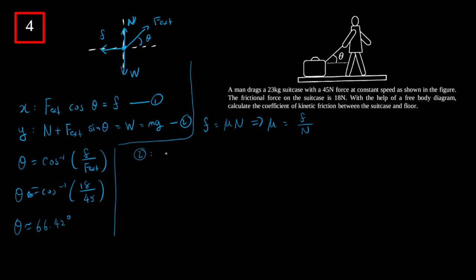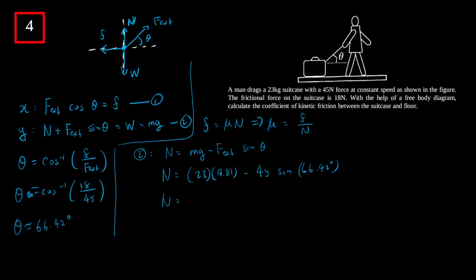If I rearrange equation 2, I'll have N equals mg minus external force sine theta. So I can calculate N. Here m is 23, g is 9.81, minus external force 45 sine theta, which is 66.42 degrees. I can now calculate the normal force using that.